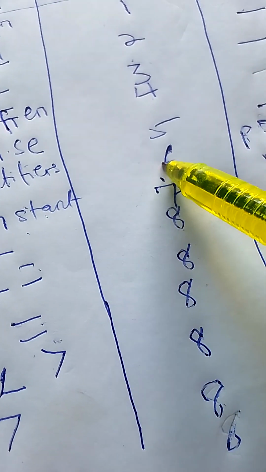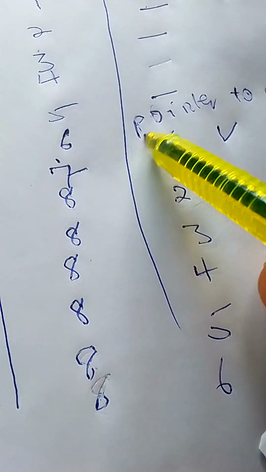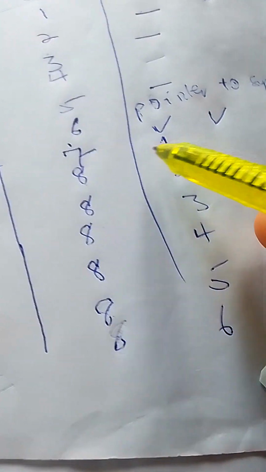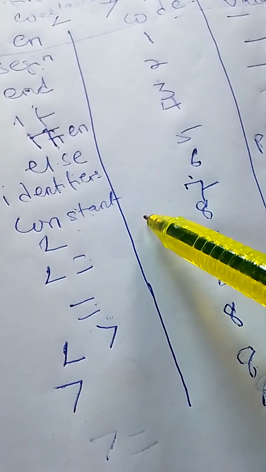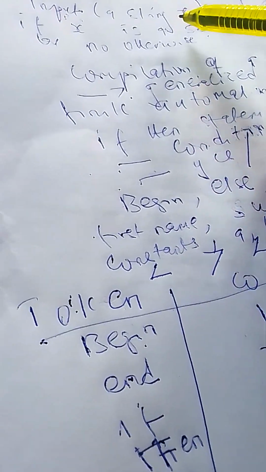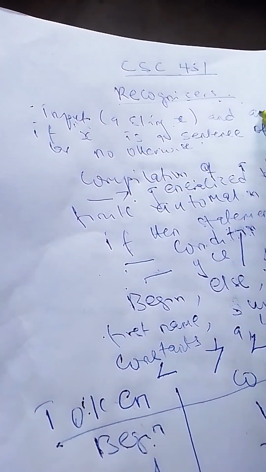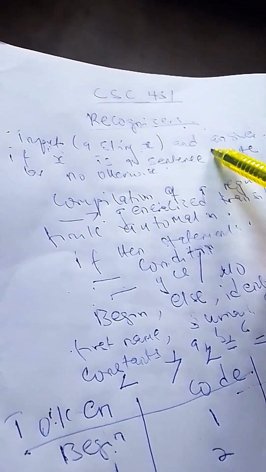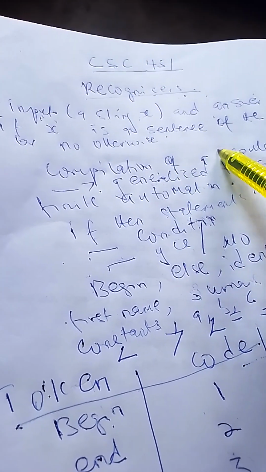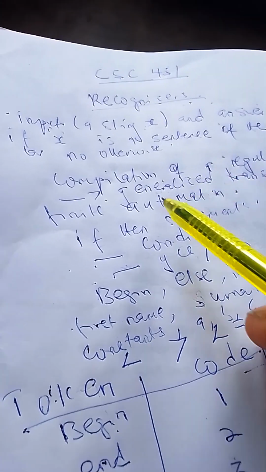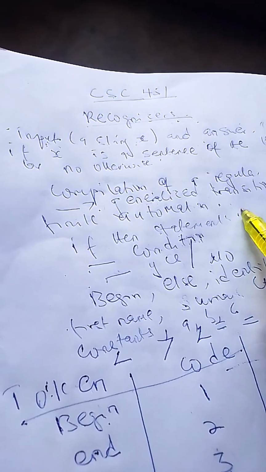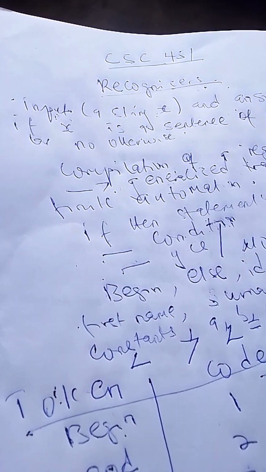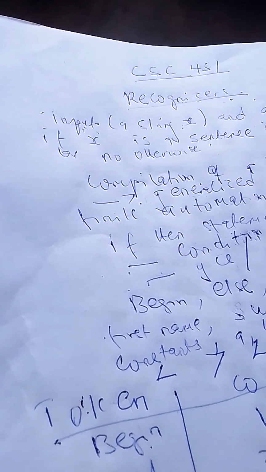Identifiers and constants have codes 6 and 7, and they point to the symbol table. All of them are called recognizers because they take input x and answer a yes or no question, depending on whether the input meets the construct. If it meets the construct, then it has been recognized. In the next video I will show you how to do other ones.